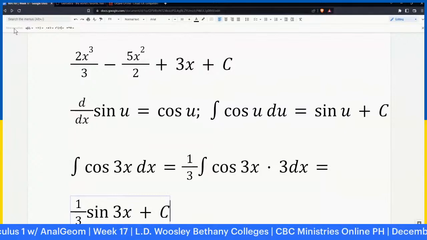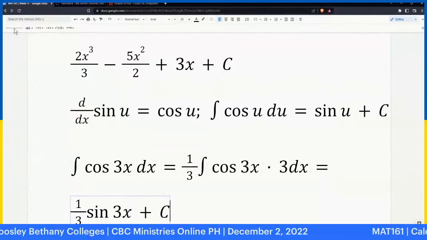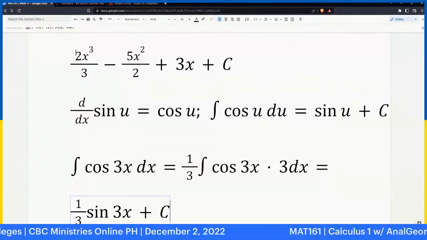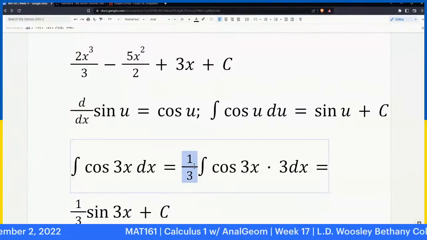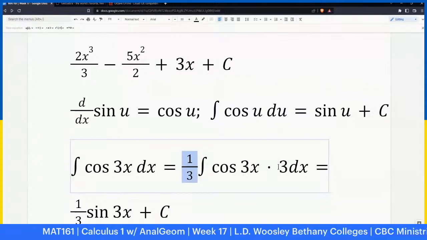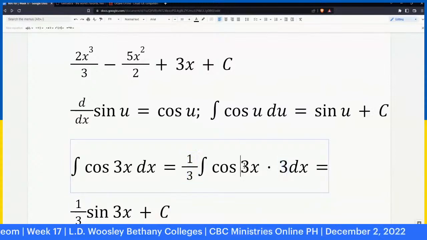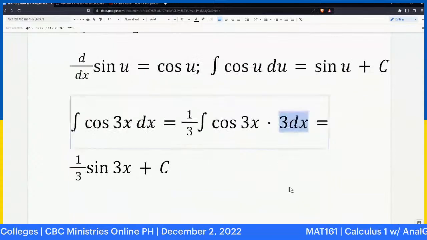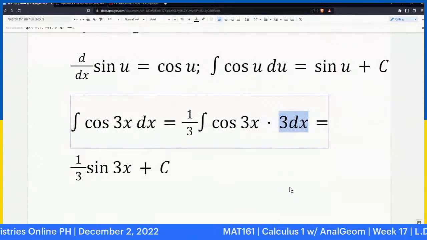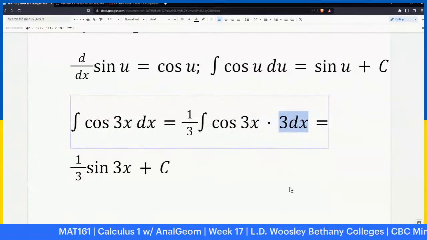So the remaining answer is cosine 3x. Okay, I hope you're getting the point of the neutralizing factor. The 1/3 is the neutralizing factor that would neutralize the 3 here. But 3 is needed because your u is 3x, therefore your du is 3dx. Okay, question? Question, clarification.